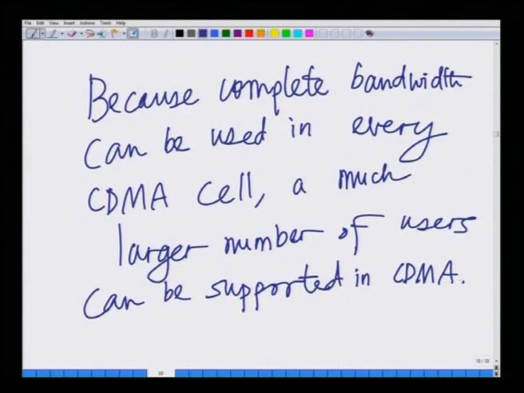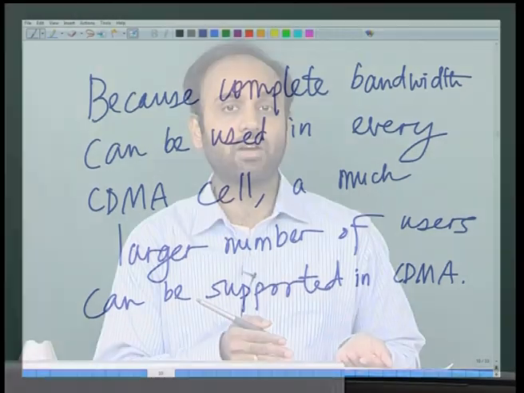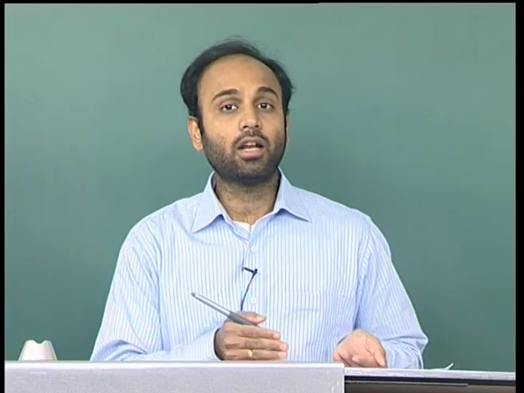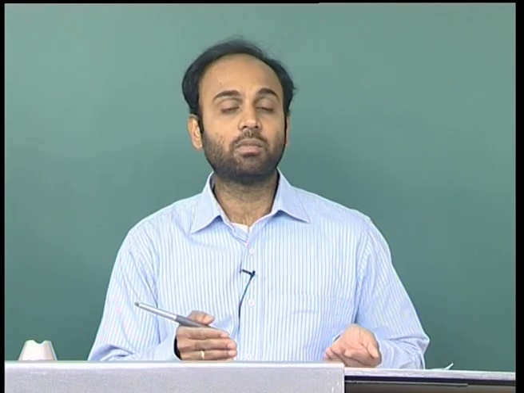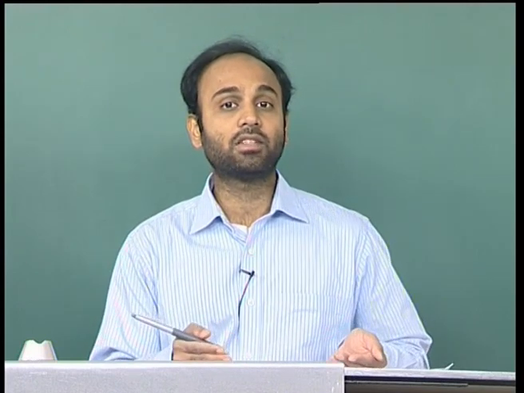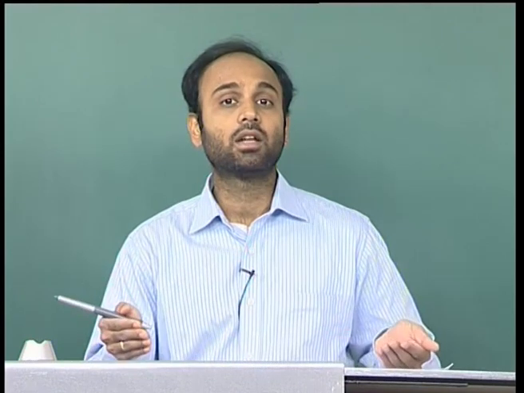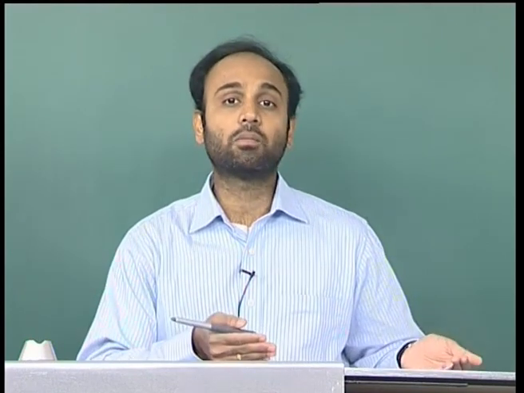How much larger? How many more users? Remember, we can only use bandwidth over 7, that is a fraction of 1/7 of the bandwidth. I can now use the complete bandwidth in every cell, which means I have 7 times the bandwidth I had previously. So, I can support 7 times the number of users that I could support earlier.